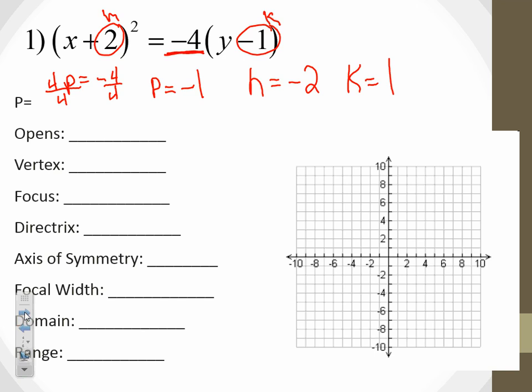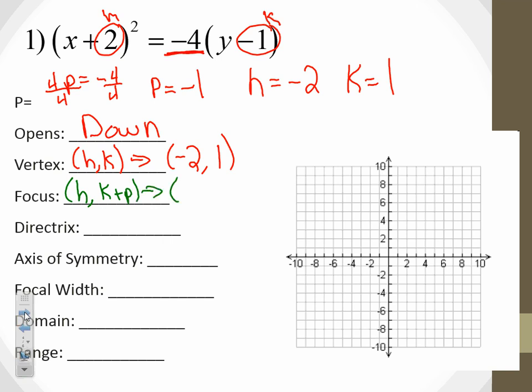Since this one has an x being squared, it's going to open either up or down. Since p was negative, we're going to open down. Our vertex is going to be at h, k, which is negative 2, 1. Our focus is going to be at h, k plus p.